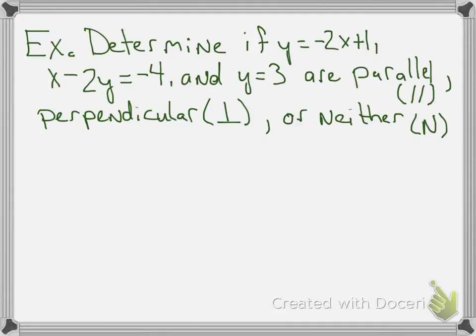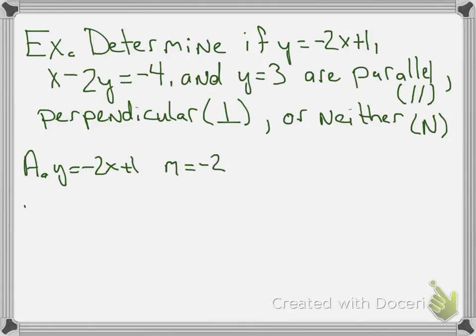Okay, so determine if y equals negative 2x plus 1, x minus 2y equals negative 4, and y equals 3 are parallel, perpendicular, or neither. And I'm giving you the symbols for parallel, perpendicular, or neither. So let's look at these. If you look at A, the first one, y equals negative 2x plus 1, the slope there is negative 2.